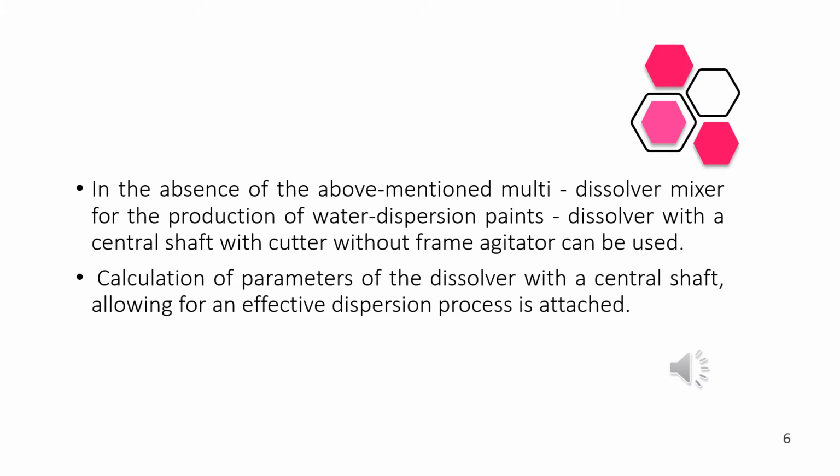So in the absence of a multi-dissolver mixer, we can use a central shaft for the production of water dispersion paints. And this central shaft consists of a cutter which has no frame agitator.